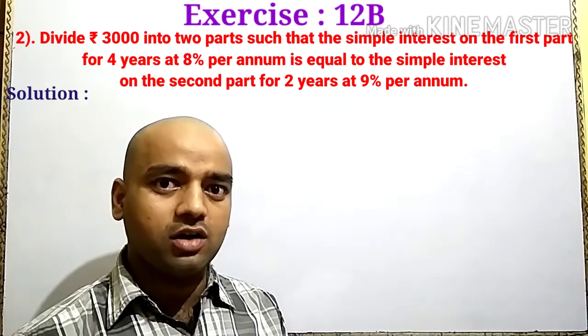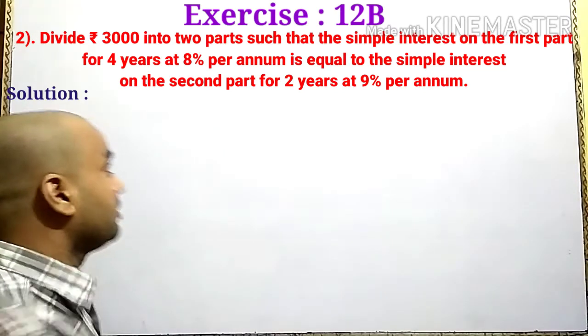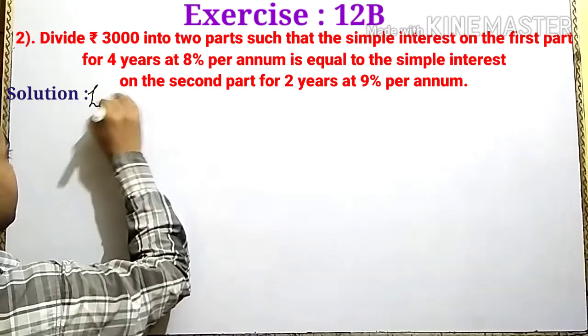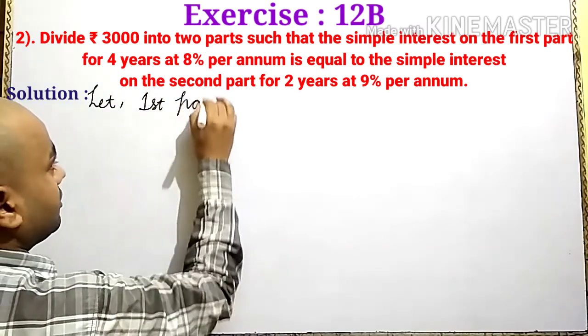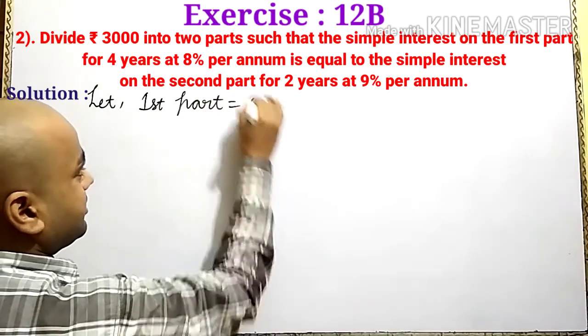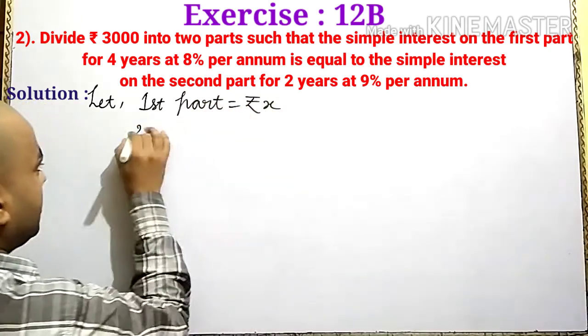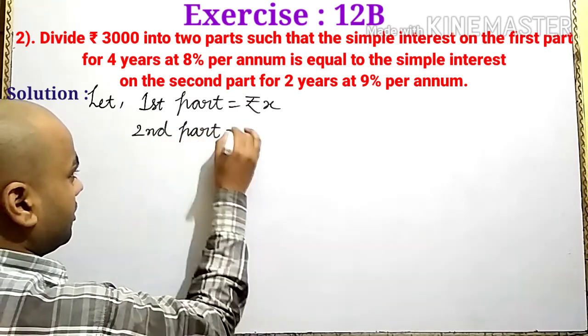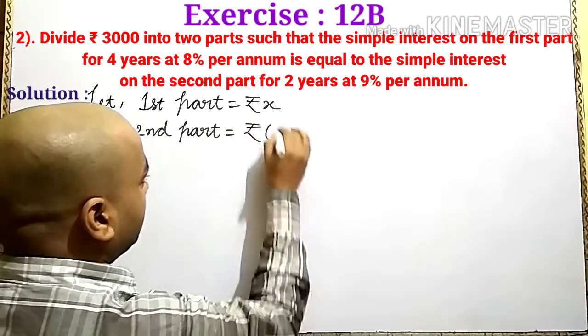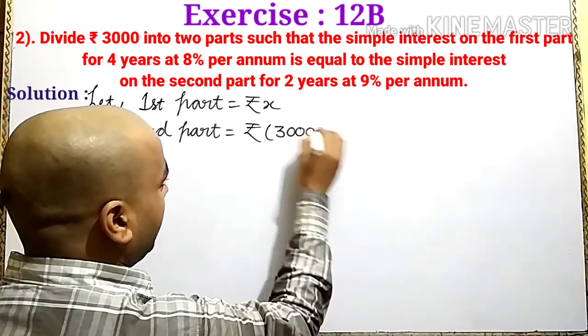First of all, divide into 2 parts. Here let the first part be x, second part is equal to 3000 minus x.